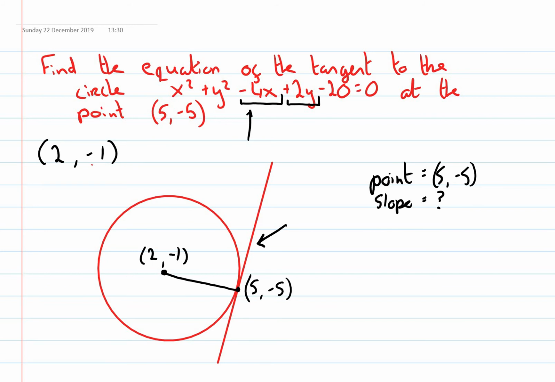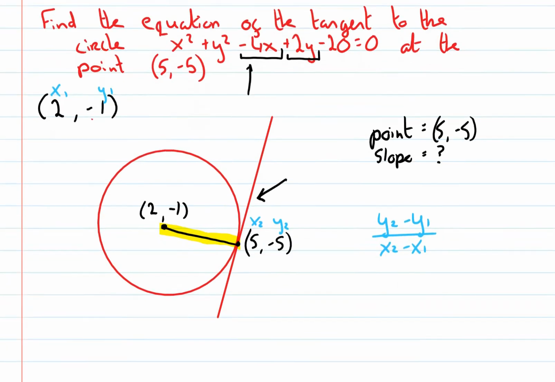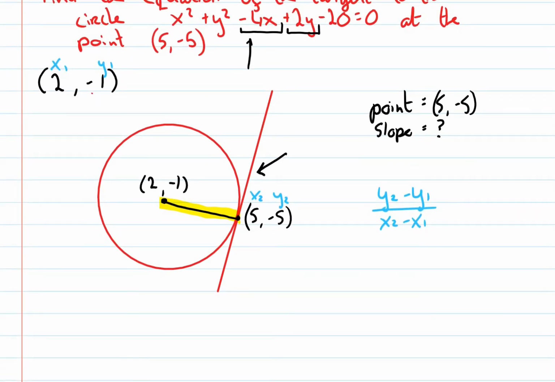Next I'm going to find the slope of this line. I'll do that by calling this x1, y1, x2, y2 and using the slope formula. So y2 minus y1 over x2 minus x1, and that will be minus 1 plus 5 over 2 minus 5, and that equals minus 4 over 3.